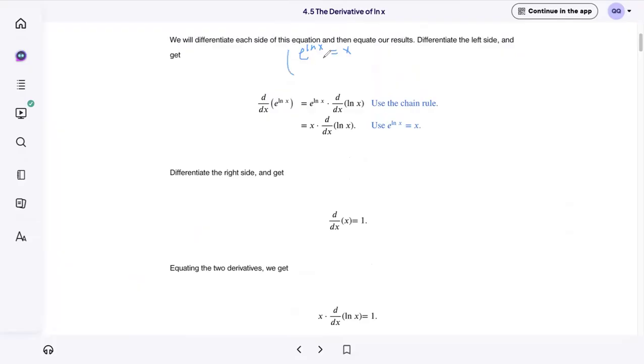What is the derivative of this one? That's 1. Then we divide by x on both sides. So the derivative of ln x equals 1 over x.